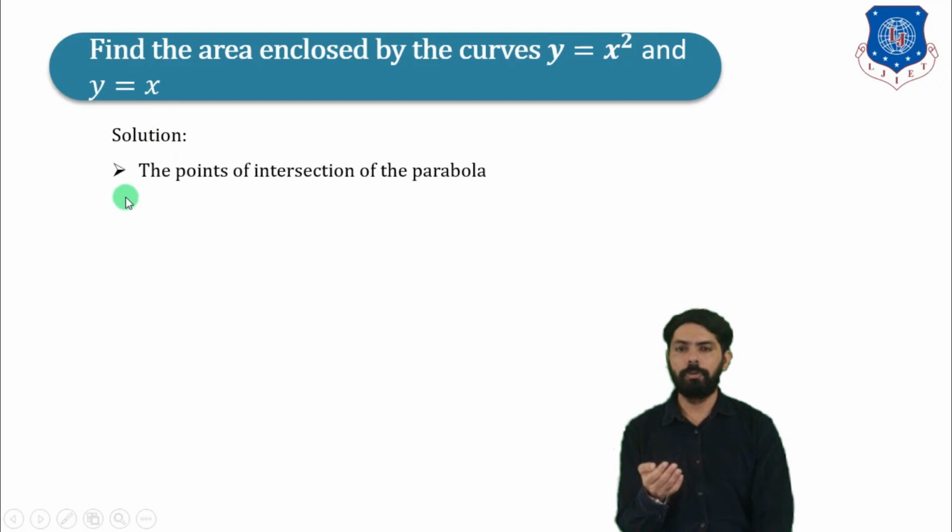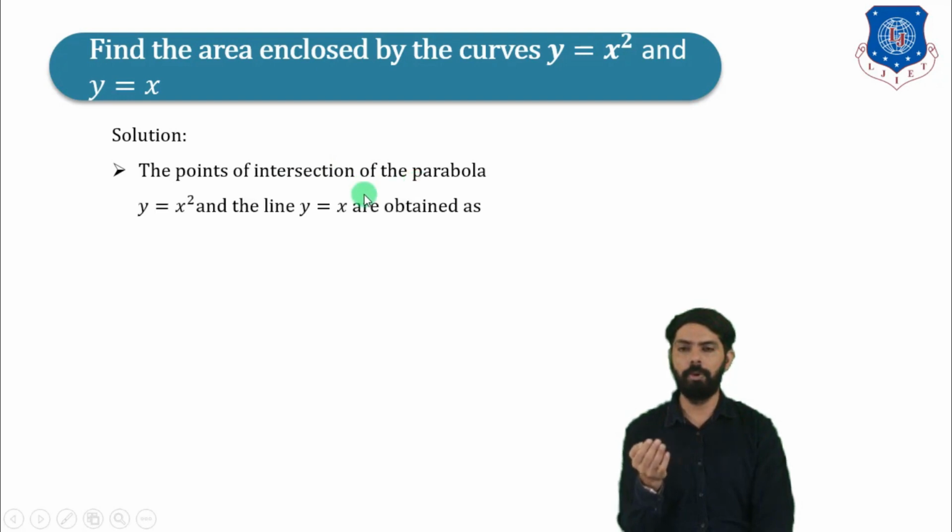First of all, we will find the points of intersection of the parabola y equal to x square and the line y equal to x. Since y is equal to x, we replace y by x in y equal to x square.